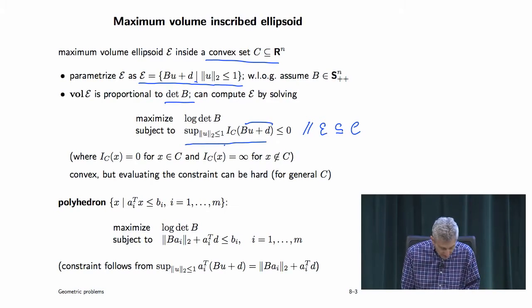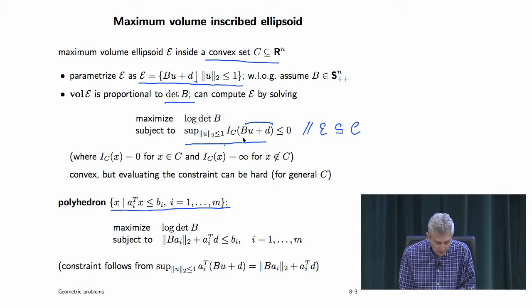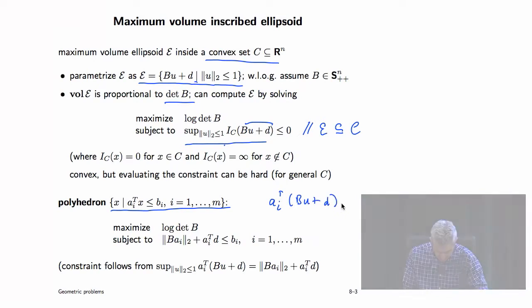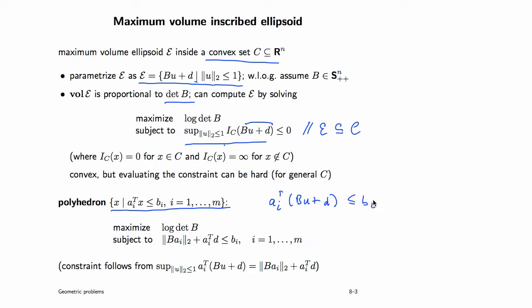So if I give you a polyhedron defined by linear inequalities, then this is really simple, because basically you're asking, when is it true that a_i transpose times (Bu plus d) is less than b_i for all norm u less than 1, right? That's the question. What are the conditions on B and D under which this holds? This is relatively easy to work out.